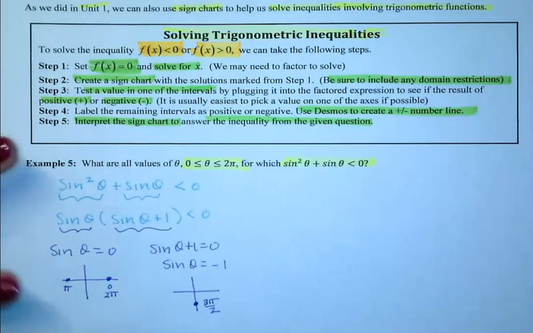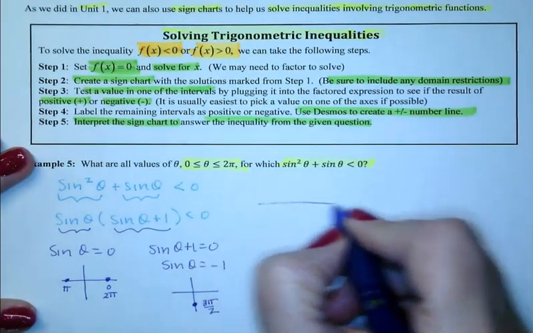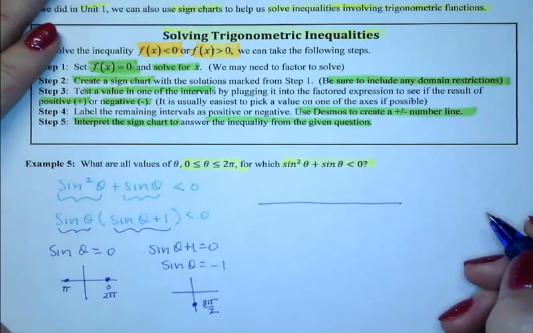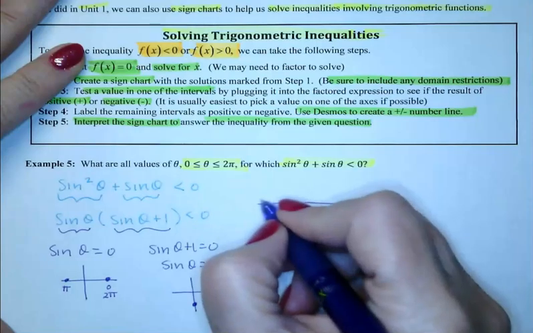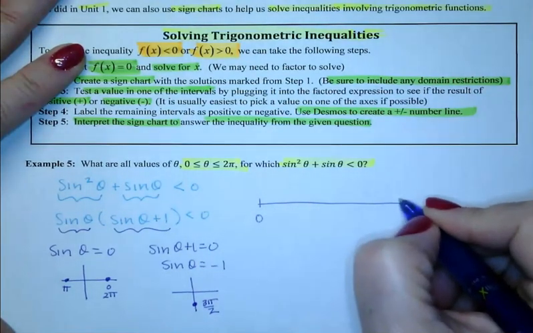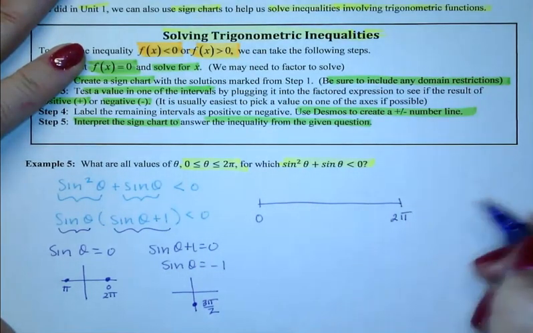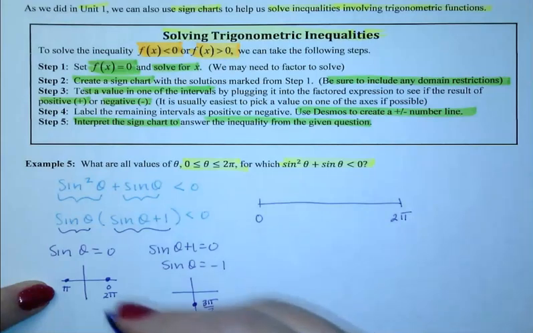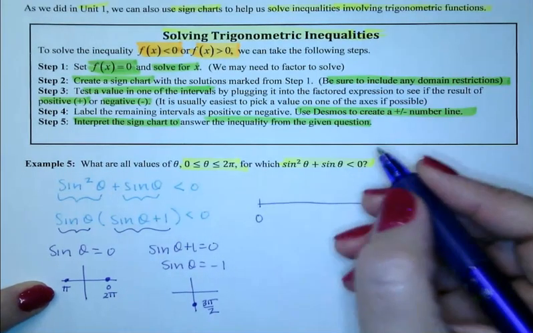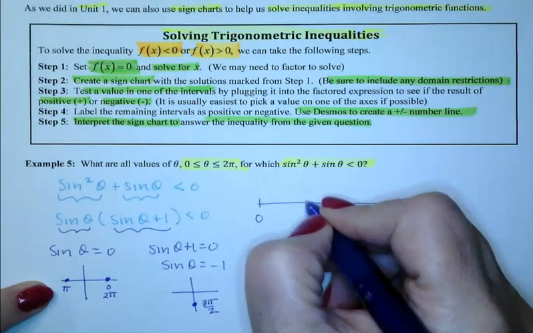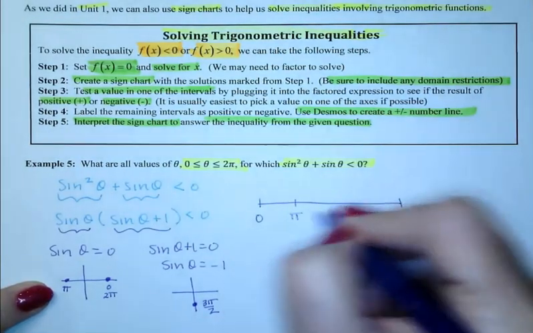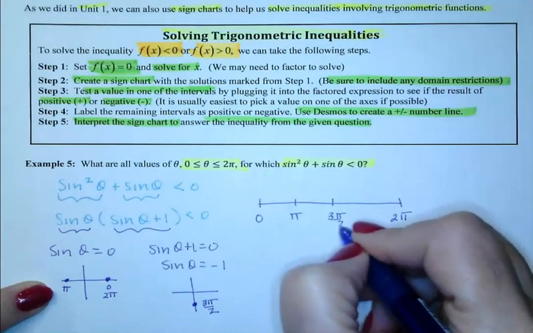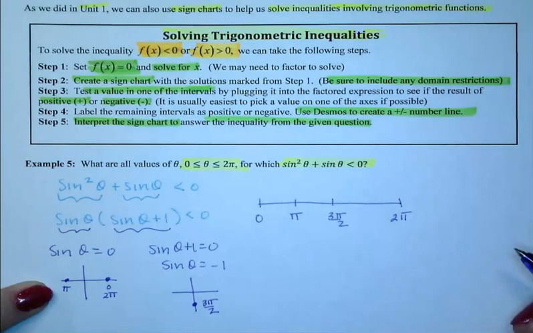And remember, we said in the last lesson, you're going to have a factor, you're going to have a sketch labeling and showing me where those 2 or 3, in this case, angles are that we're talking about. All right, so once we've done that, then we're going to set up a number line, and it's going to have all of these factors on it. So we know that we're going from 0 to 2 pi. So 0 is this end, 2 pi is this end. So 0, and then we're going to have pi, and then 3 pi over 2, and then 2 pi.